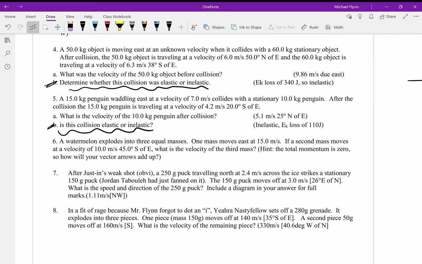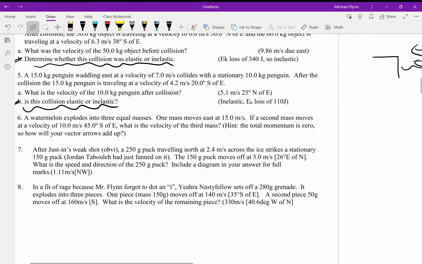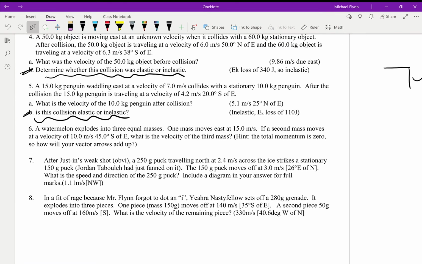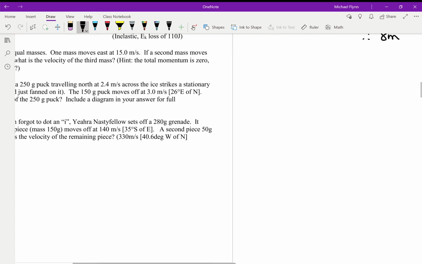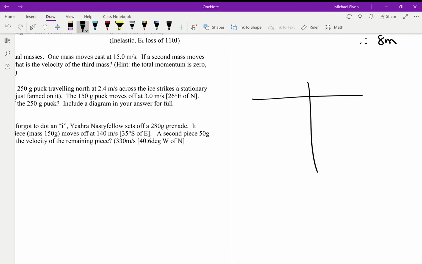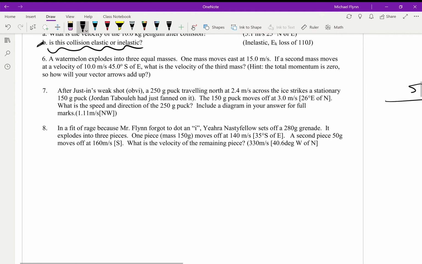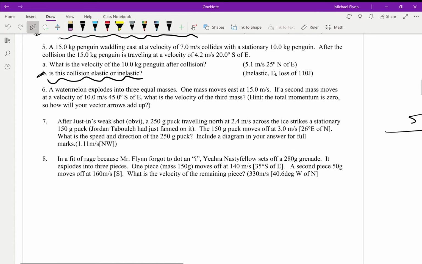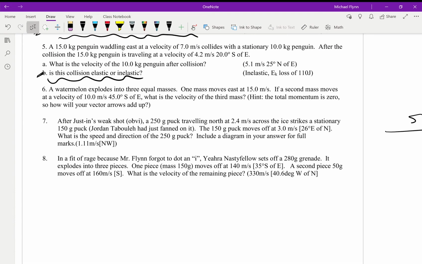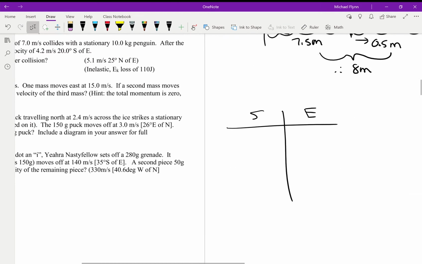Okay, so this question, if you do question number 1, it says a 15 kilogram penguin is waddling east at a velocity of 7, collides with a stationary 10 kilogram penguin. Afterwards, the 15 kilogram penguin is traveling at whatever. Okay, so what you do is you set up your table. I'm going to pick south and east. Okay, and so the initial momentum of the 15 kilogram penguin is due east, and it's 7 meters per second and 15 kilograms, right?